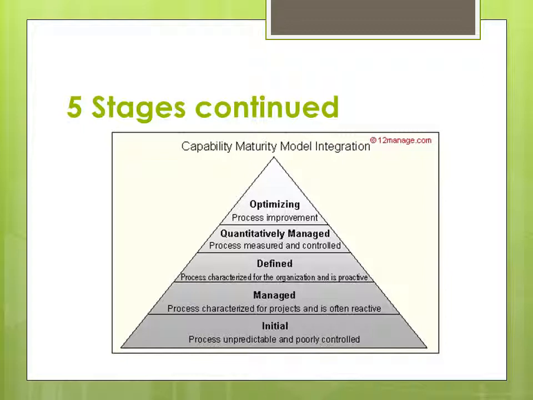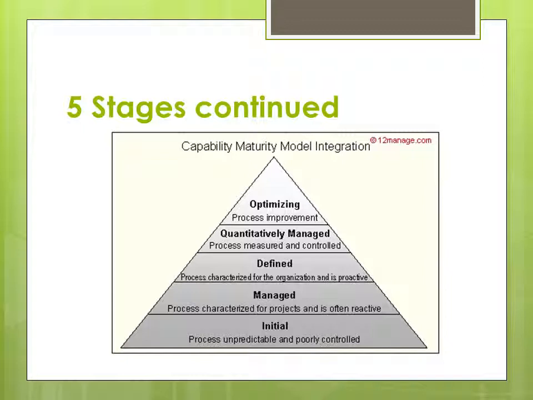For example, for software development. Now, in particular, management can identify ways to adjust and adapt the process to particular projects without measurable losses of quality or deviations from specifications. Process capability is established from this level.